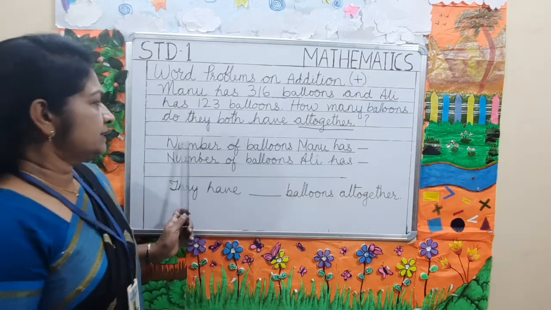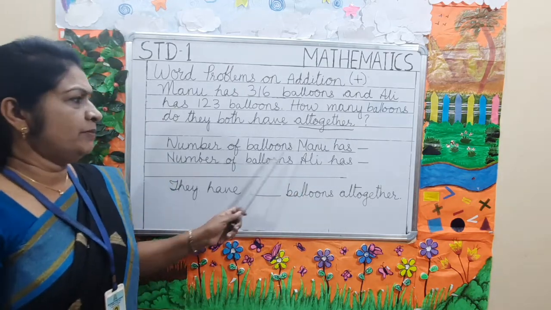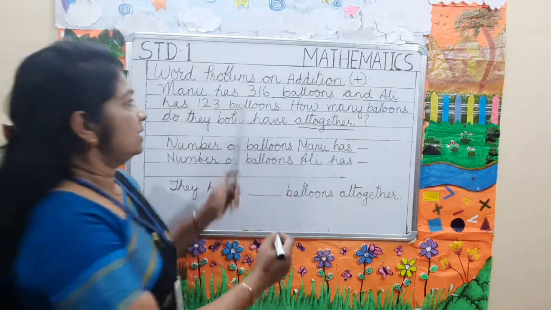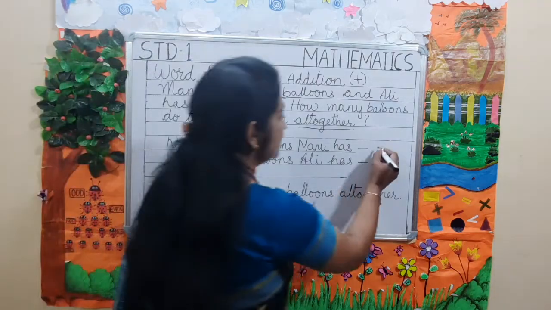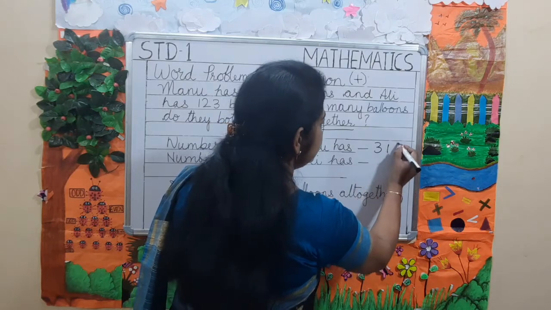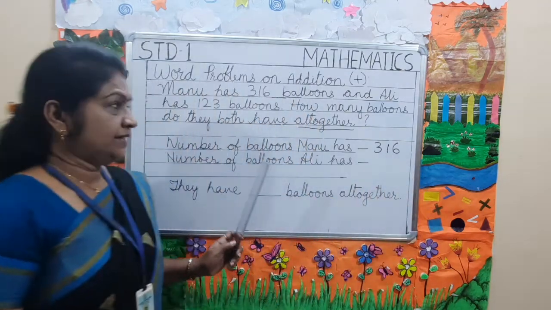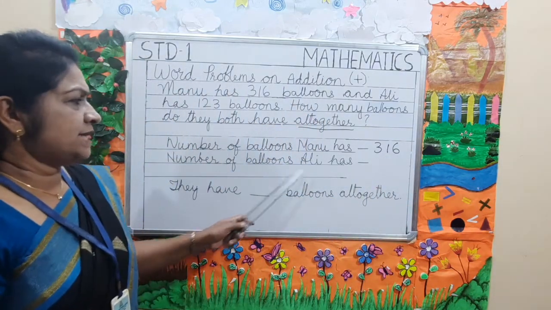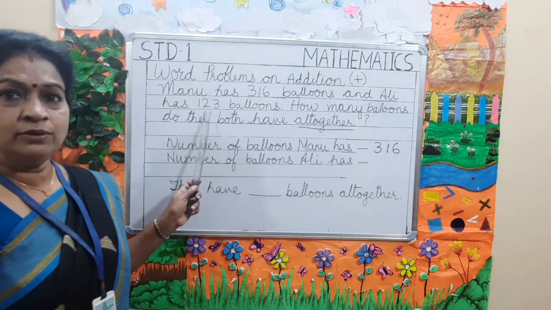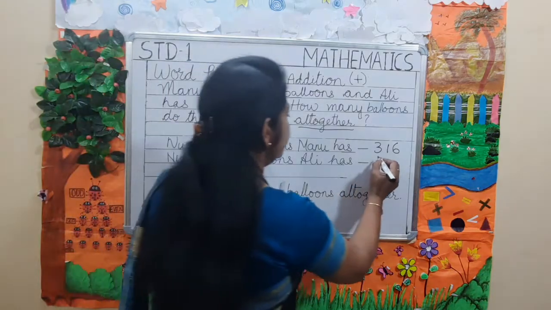Now the statements. Number of balloons Manu has. Manu has how many balloons? 316 balloons. Now number of balloons Ali has. Ali has how many balloons? 123.